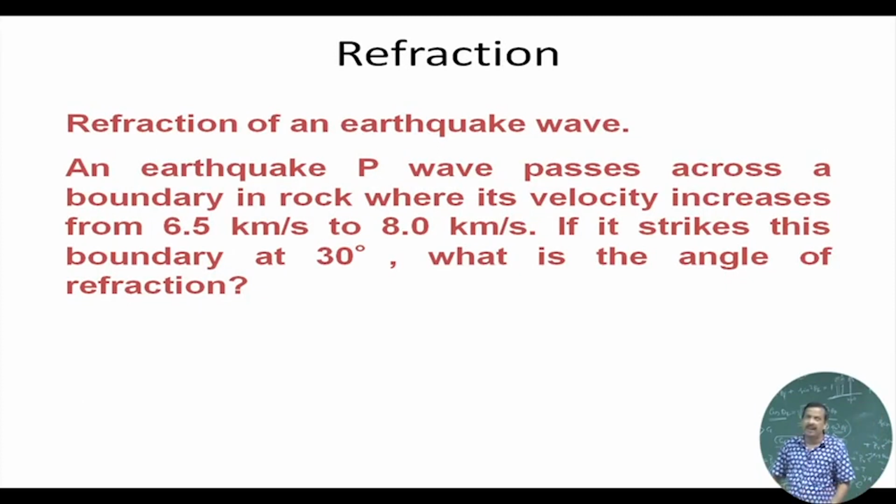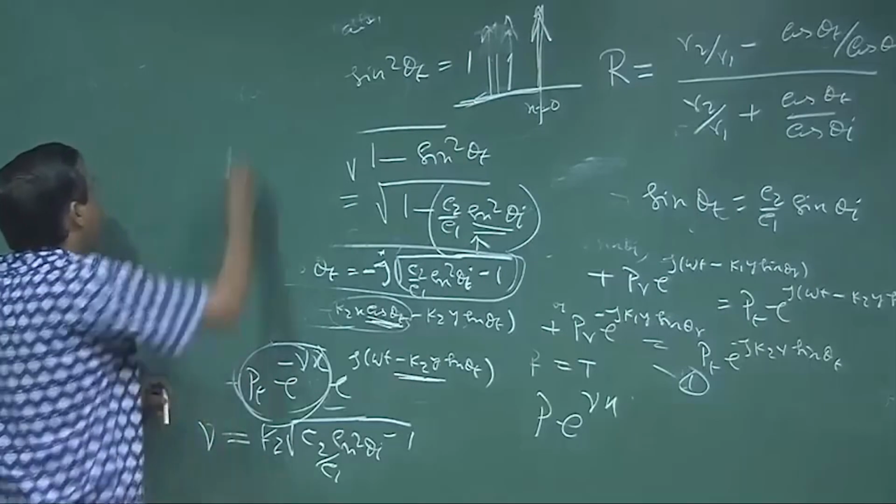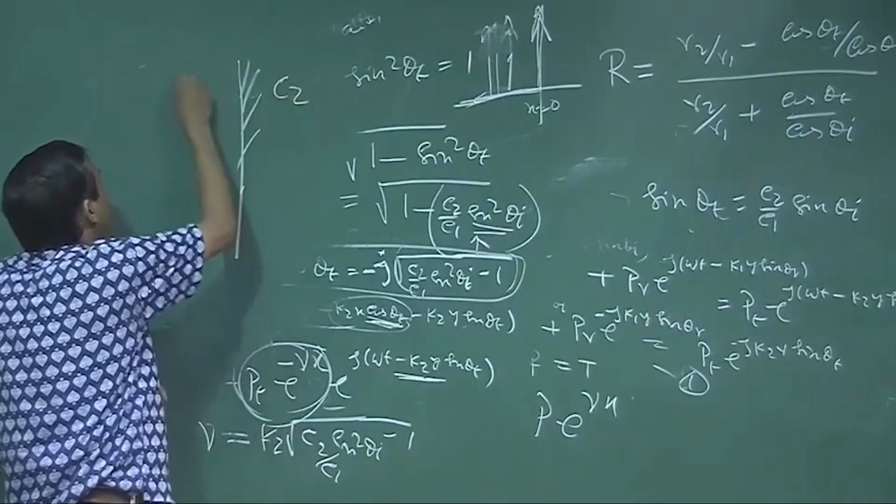It is said that an earthquake P wave passes across a boundary in rock where its velocity increases from 6.5 km per second to 8 km per second. If it strikes the boundary at 30 degrees, what is the angle of refraction or angle of transmission? So, a pressure wave is incident on this rock boundary. This is C2 and this is C1.